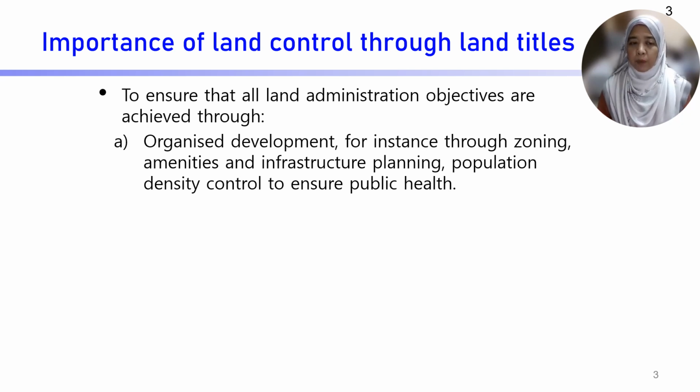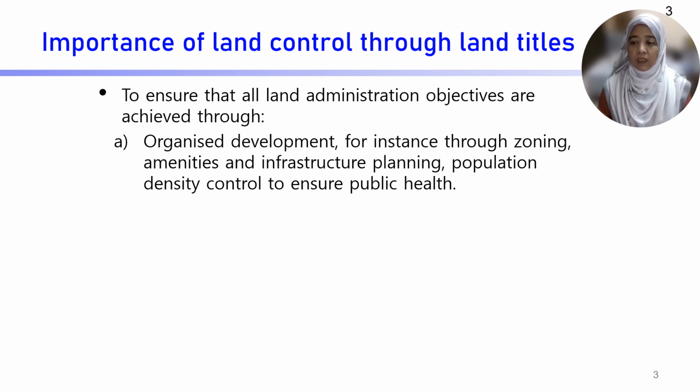And then population density control to ensure public health, by one mechanism under planning, which is also related to land law, by specifying how many people can live in one area at any given time. So that is known as the population density.